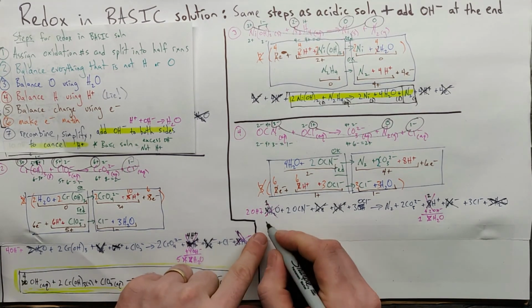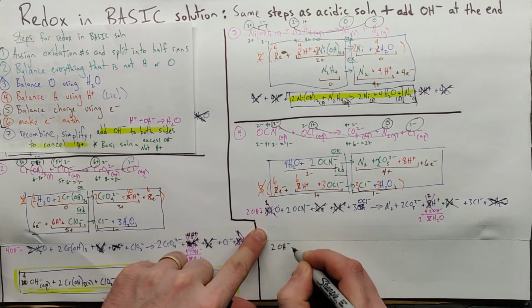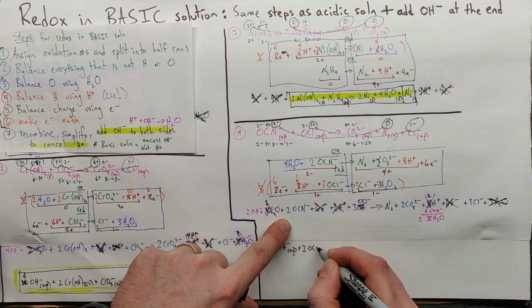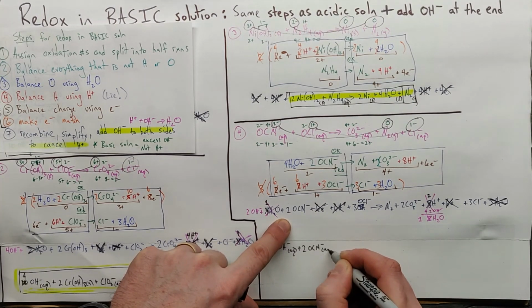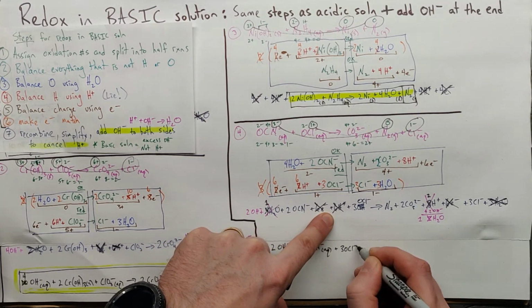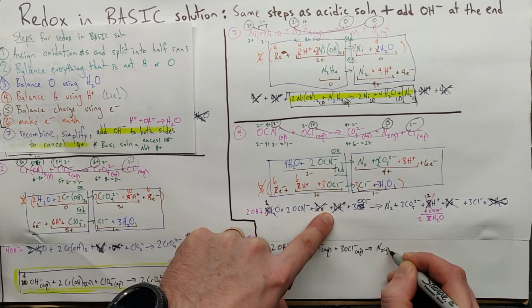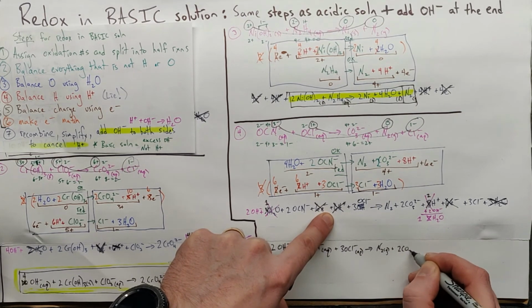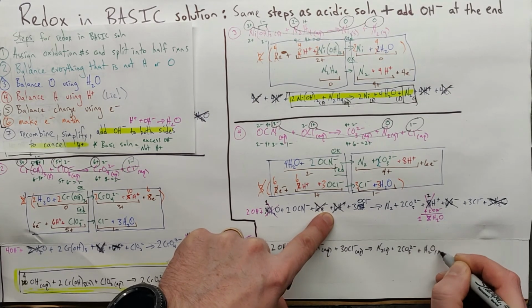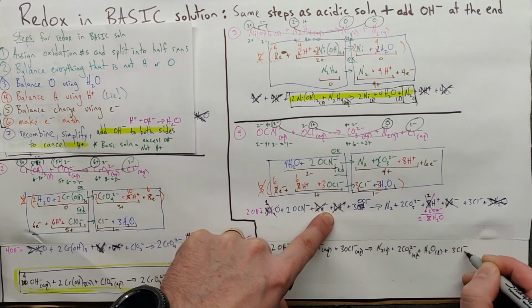Right here we've got 2 hydroxides, two OCN minus, and 3 hypochlorites. On the other side we have that nitrogen gas, 2 carbonate ions, 1 water, and 3 chloride ions.